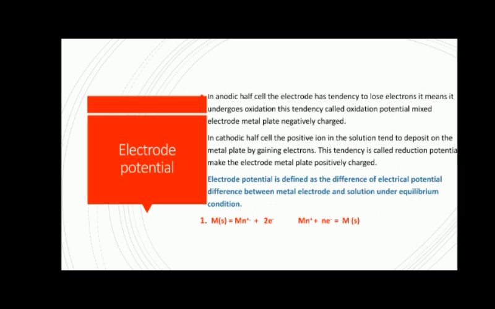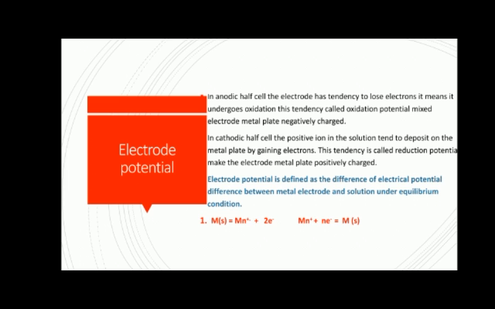Now let us study electrode potential. In the anodic half cell, the electrode has a tendency to lose electrons. It means it undergoes oxidation. This tendency, called oxidation potential, makes the electrode metal plate negatively charged.